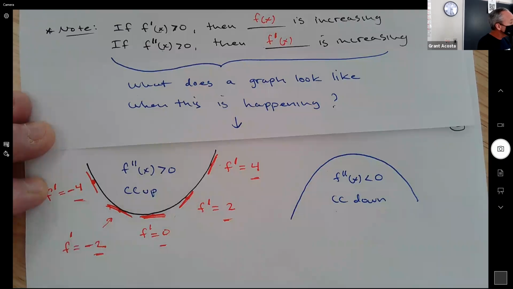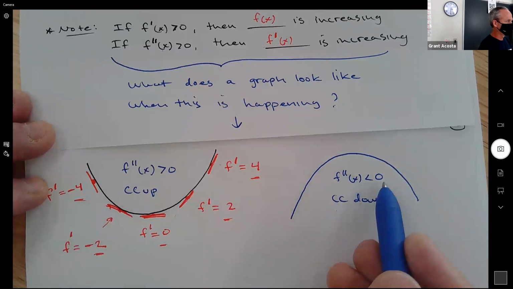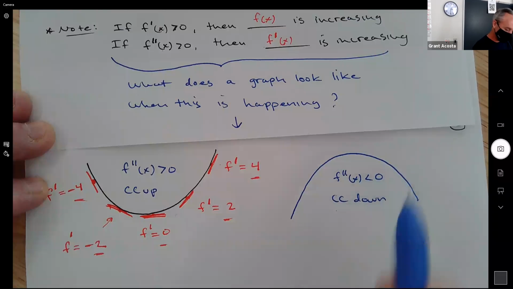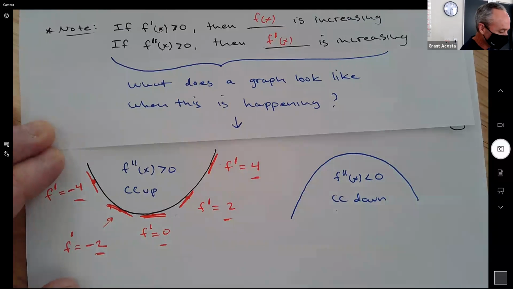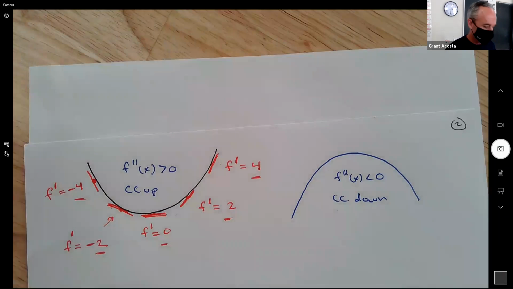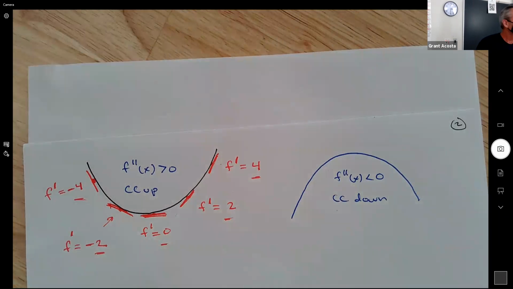How many people agree positive people smile a lot, and negative people frown? So if the second derivative is negative, it's going to look like a frown. Pretty easy to remember that. It could be a nice compliment to somebody. You say, hey, you're looking very concave up today. You having a good day? All right, that's great. Smiling.